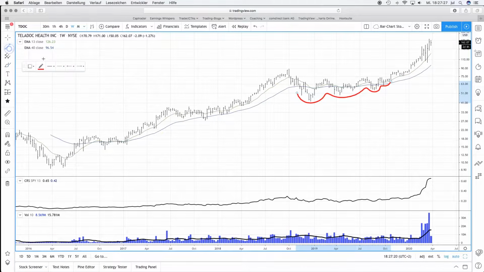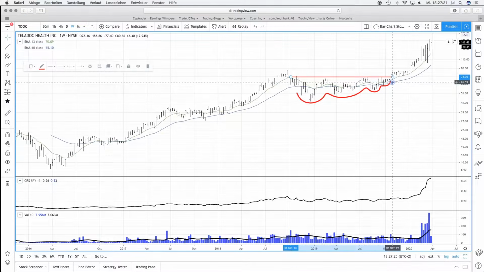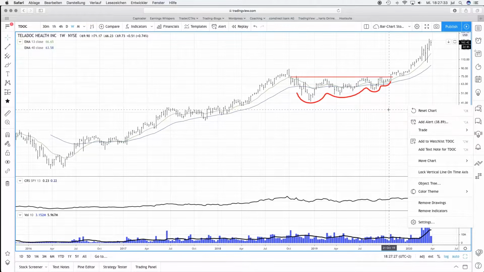So if I draw in a breakout line, you can see that the higher lows also represent a pressure to the upside. So every low, every new attempt to make a new low is bought by institutions.